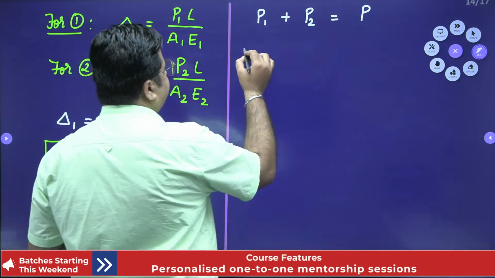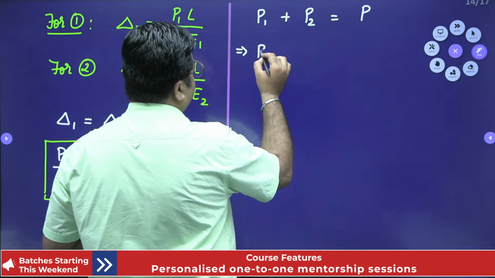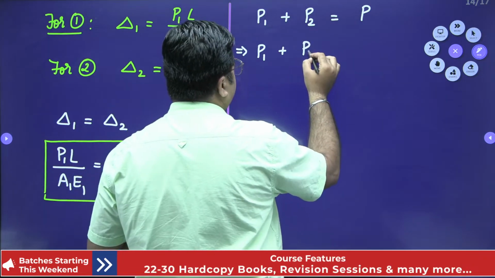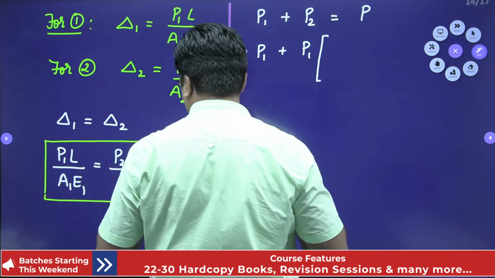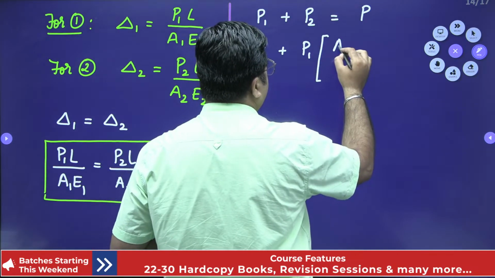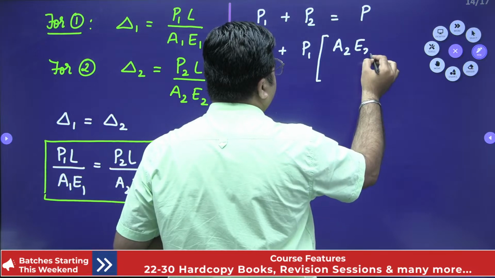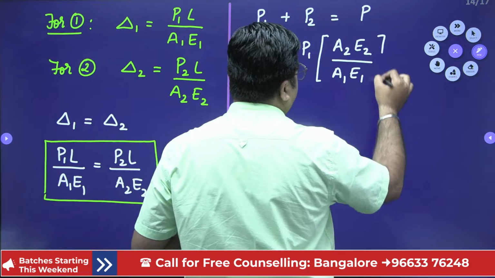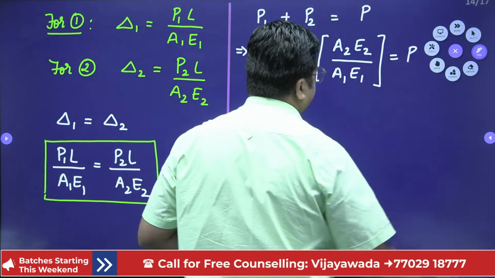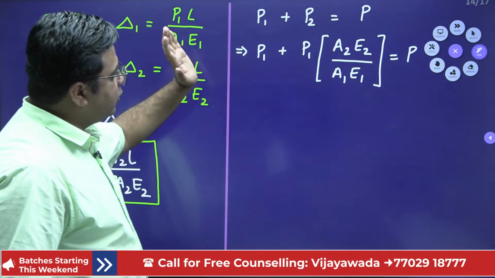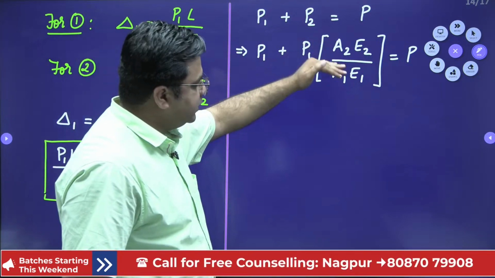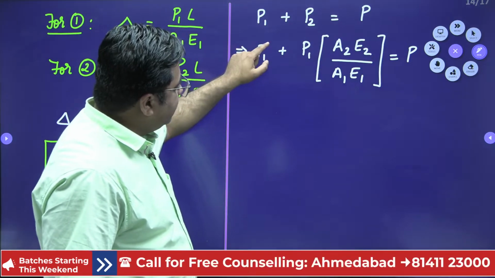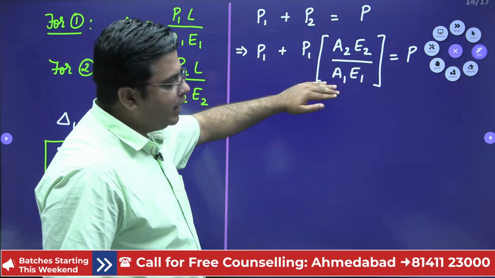So I will write P1 and here I will write P1 into A2 E2 divided by A1 E1 is equals to P, right? When you take P1 common, you have 1 plus this term. And 1 plus this term will be A1 E1 plus A2 E2 divided by A1 E1, right?